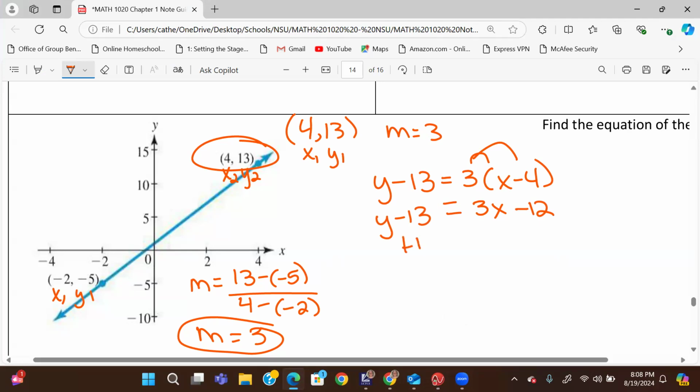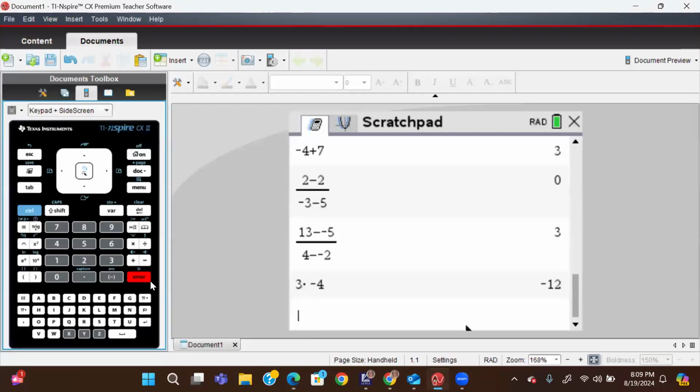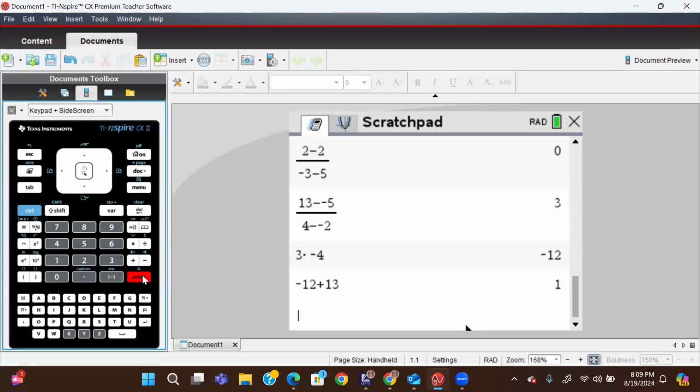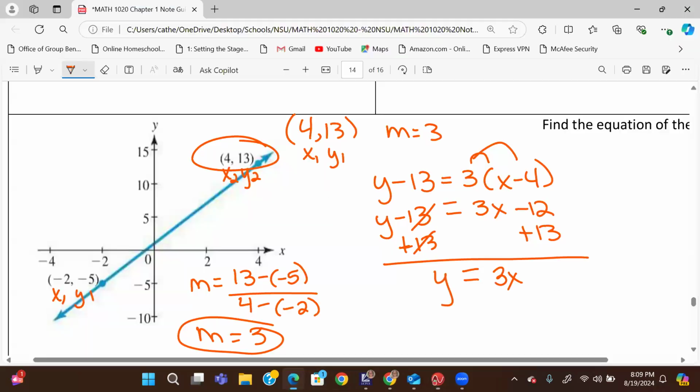From there, I'm going to get y by itself, so I'm going to add 13 to both sides. The left side, the 13s cancel out. I'm left with y. And I have 3x, and then I have negative 12 plus 13, which gives me a positive or plus 1.